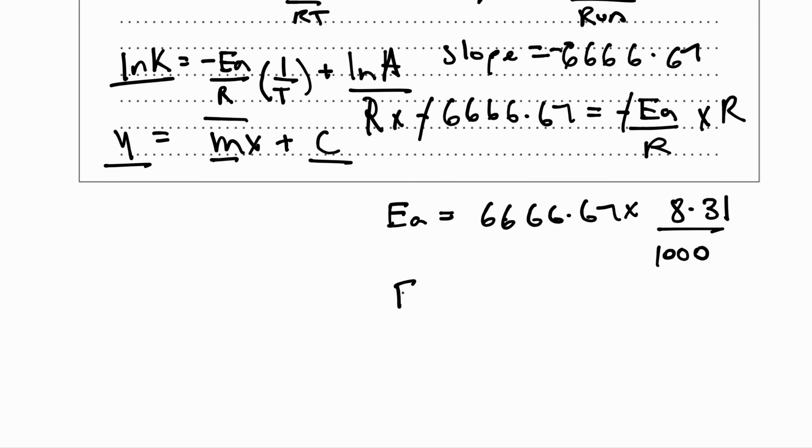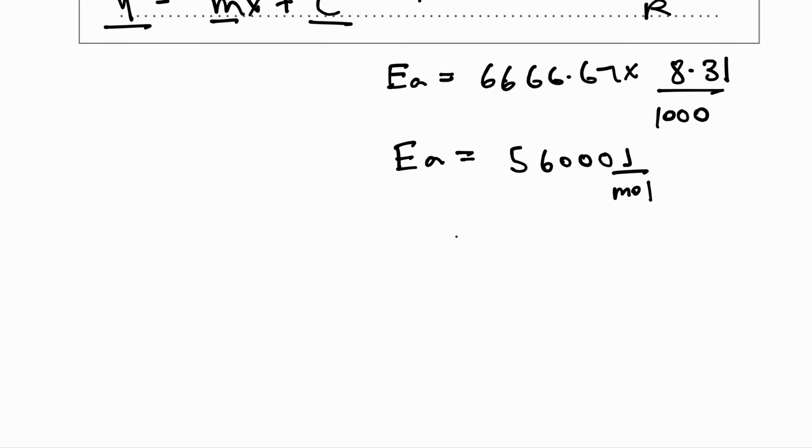If I say Ea is equal to, and let's put this on my calculator, I find that my answer comes out to be 5,600 kilojoules per mole. Sorry, not kilojoules per mole, it's actually joules per mole in this case. Okay, or in kilojoules per mole, I can say it will be 6 kilojoules per mole.